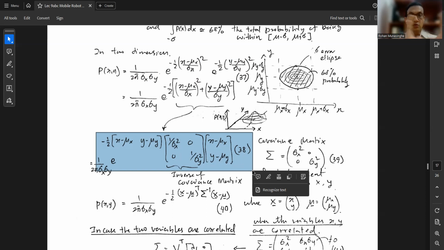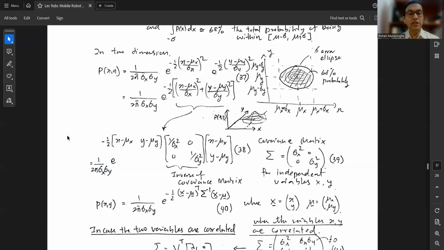So you combine them together as a vector and put it up front as a row, and at the end as a vector. And in the middle, you get all these coefficients, 1 over sigma x squared, 1 over sigma y squared, and put it as this matrix here. Now, if you multiply these three matrices, you get the same exponent up there in the previous line.